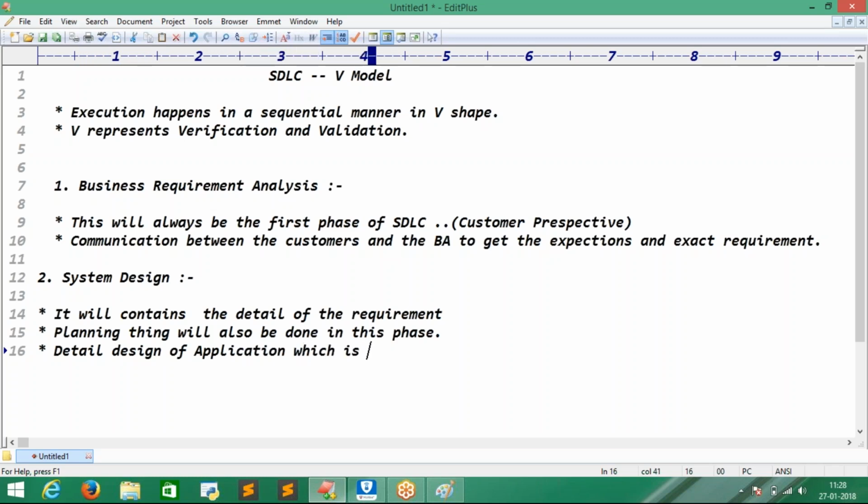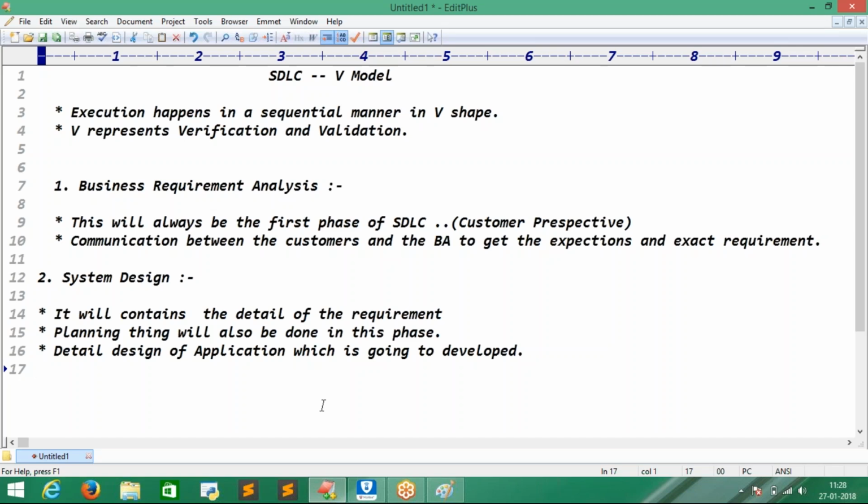The detailed design of the application which is going to be developed, based upon your system design. So this is what happens. Clear, guys?